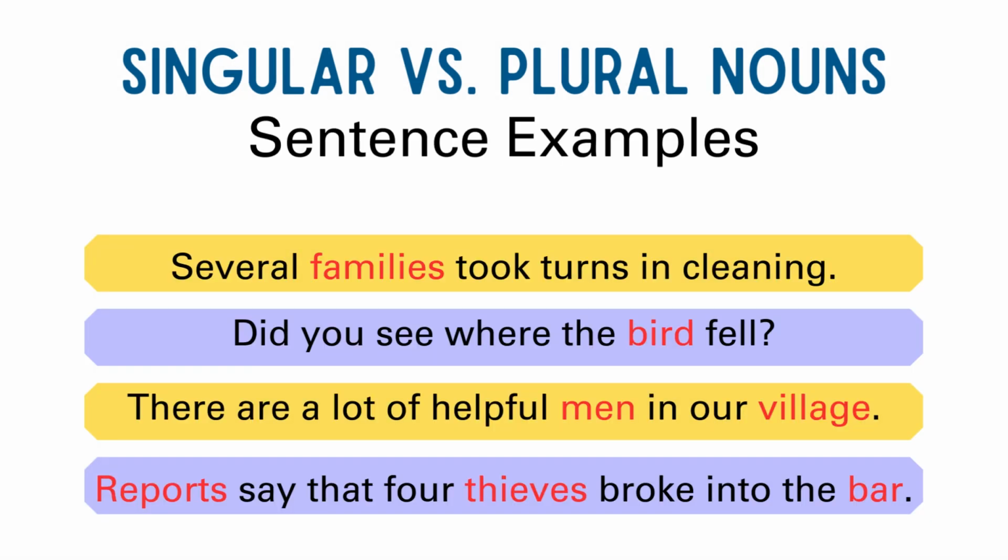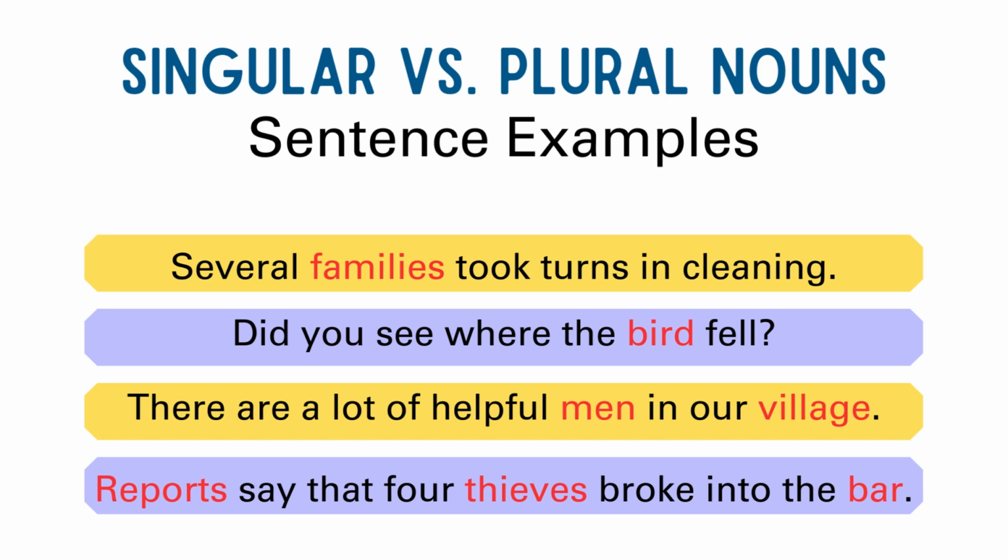Let's take a look at these sentence examples. Can you identify the nouns in each of them? Are they singular or plural? First one. Several families took turns in cleaning. The noun used is families, and it is in its plural form. The singular form, of course, is family. The word several helps us understand better that it is plural, right?